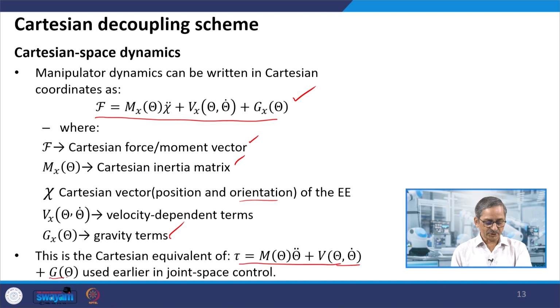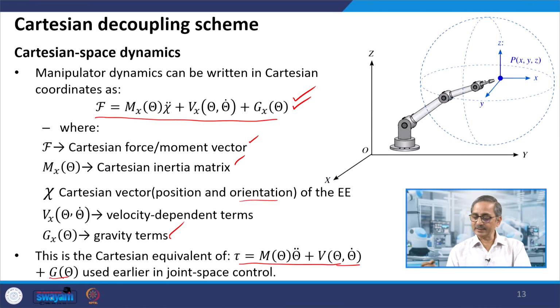Okay. So, this is the joint equivalent form of what we have written here in the Cartesian one. Alright. In this case, you are shown a simple manipulator, where the Cartesian position and orientation of the end effector are specified.